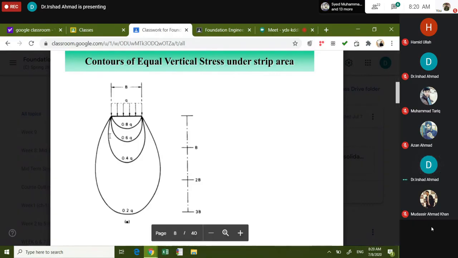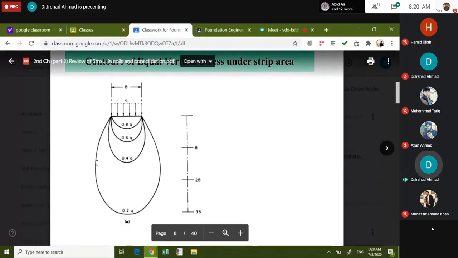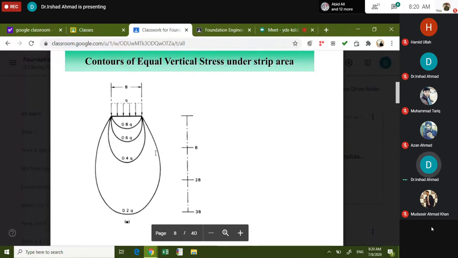Till the 20% of the applied pressure comes down to a depth equal to 3 times the width of the foundation. You see, so on the entire pressure bulb, the intensity of the pressure due to q is reduced to 20%.